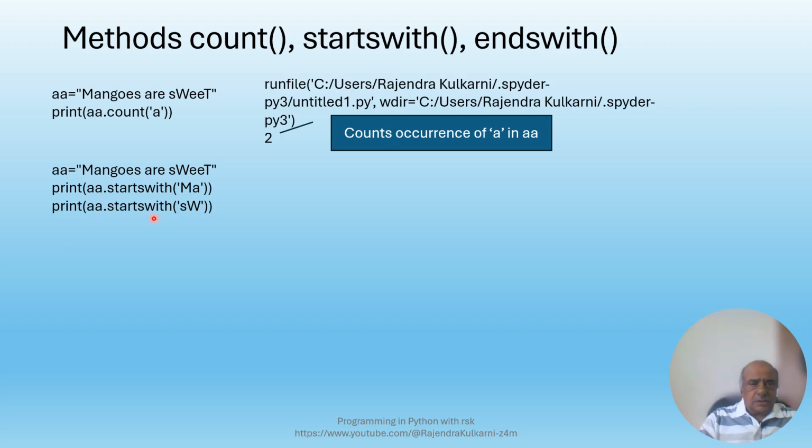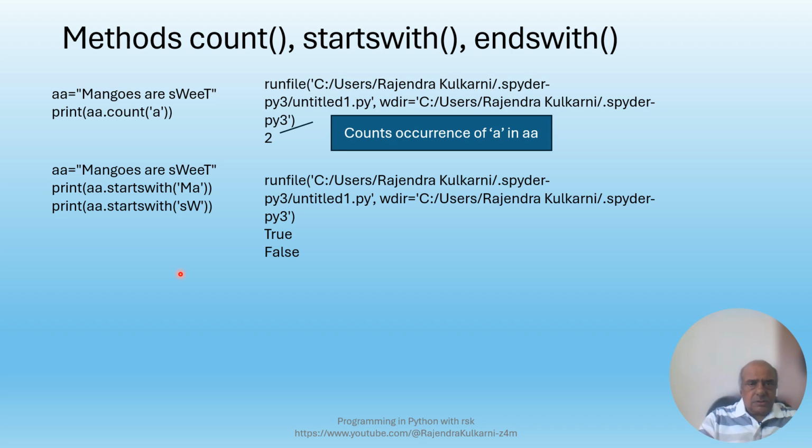Then a method startswith, with ma, the string ma being its argument in this particular case. If the string starts with ma, the method startswith returns true.